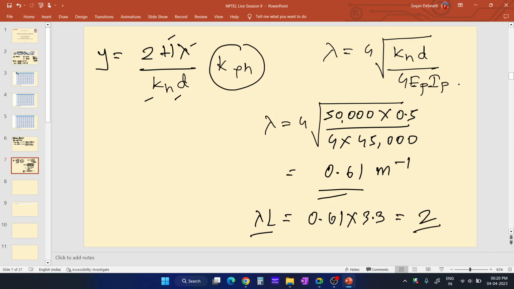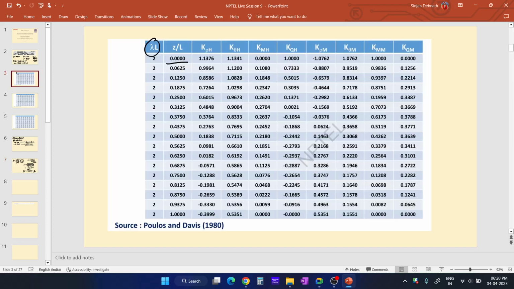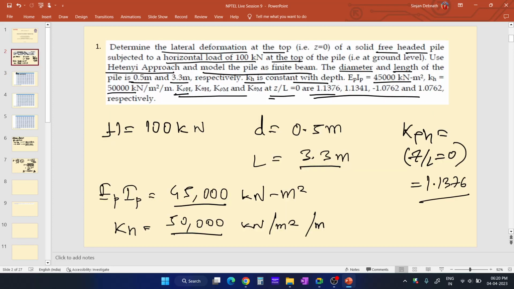If we look at this chart, lambda L equal to 2 and z by L 0, these are the corresponding coefficients. K rho h is 1.1376. It is already given in the question, and it is coming from this chart.